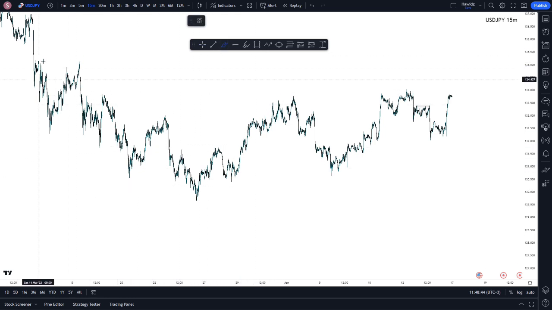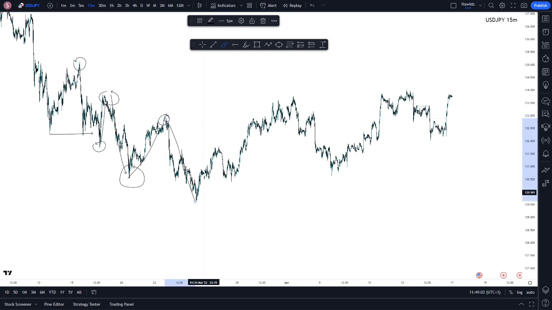From here I can see we had a high, then a break that created a low. Then a pullback created this high, and a continuation created this low. Then a pullback created this lower high, and a continuation created this lower low. From there we had this change of character, where the market created a higher high. Then price came down to create a higher low as usual, and the market came up once again to create another higher high.